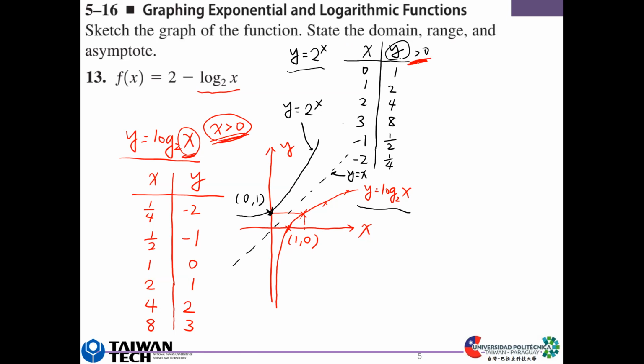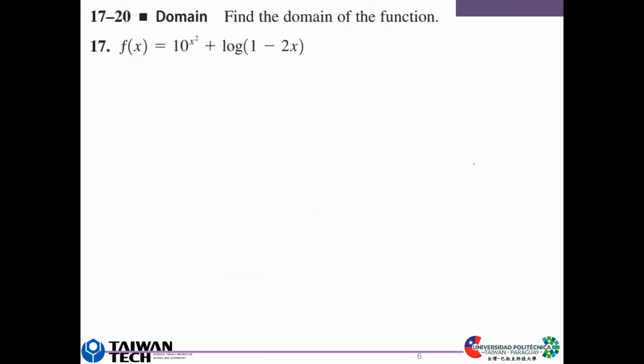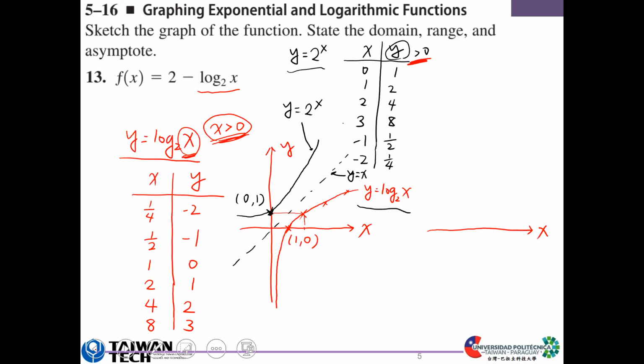So in this case, we have this log 2x, and it's minus. Since it is minus, we need to make it upside down. So let's draw this.